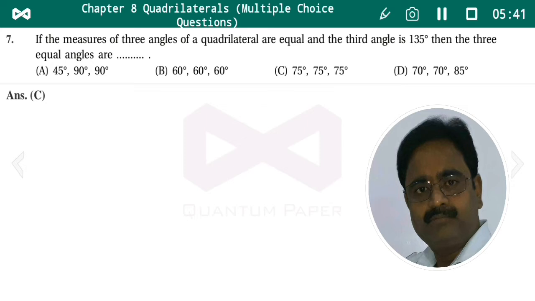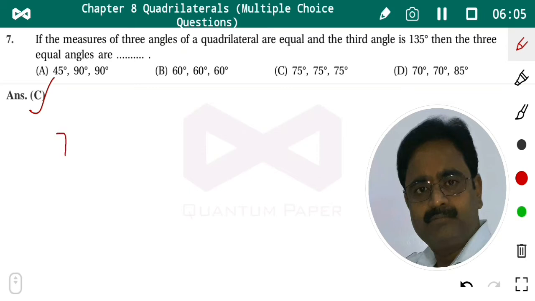So the fourth angle is given as 135, and just see option B. Let us check. 60 plus 60 plus 60 is 180. 180 plus 135 is not equal to 360. It means our option C is right. Why is option C right?